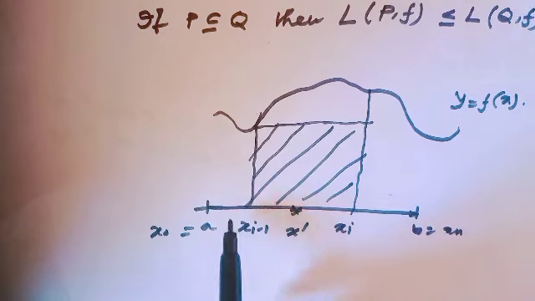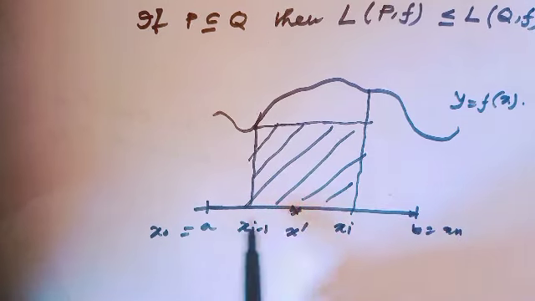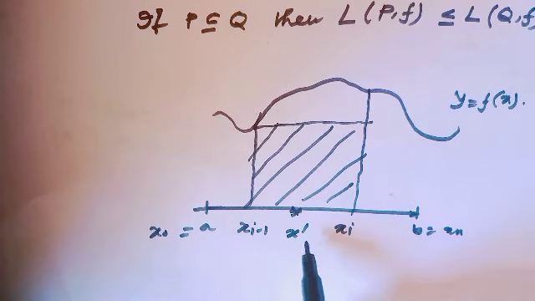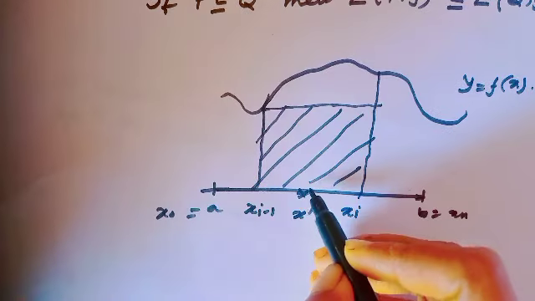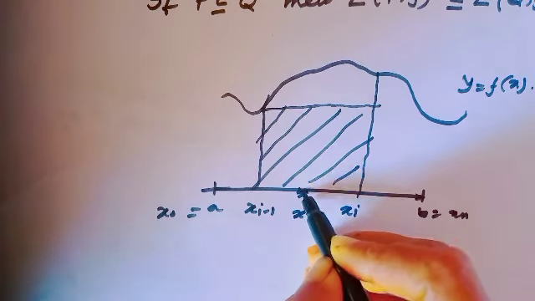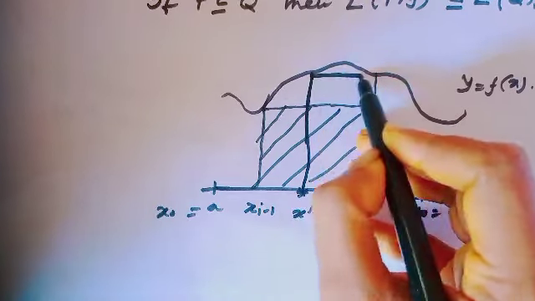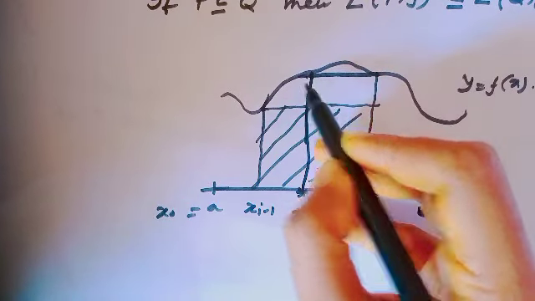Here notice this is the LPF, but when we add more points, here I have added x dash, so this is the refinement of P. Then the contribution of the lower sum would be now such type of rectangle.